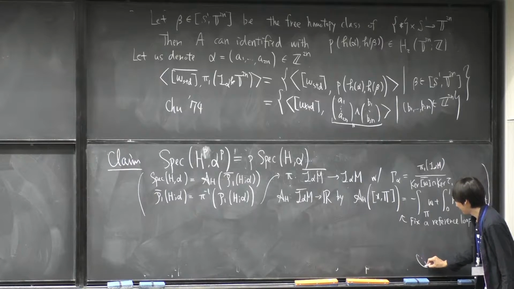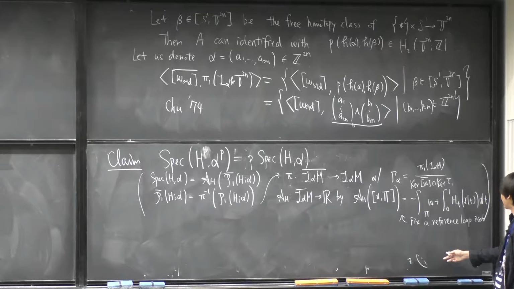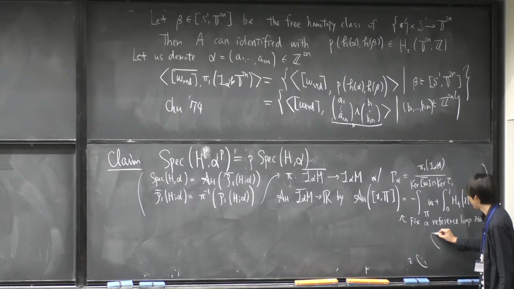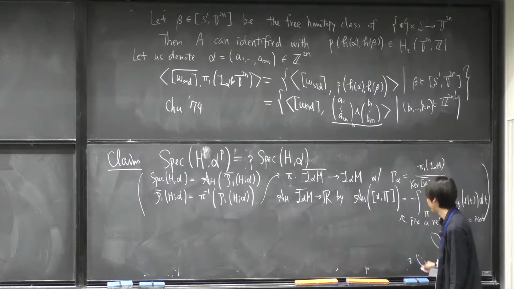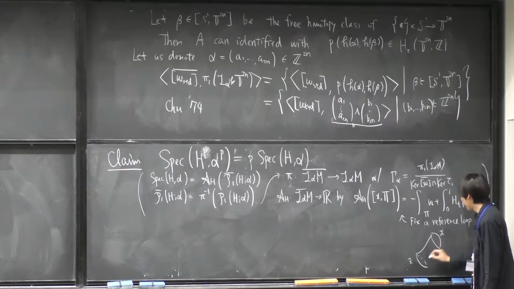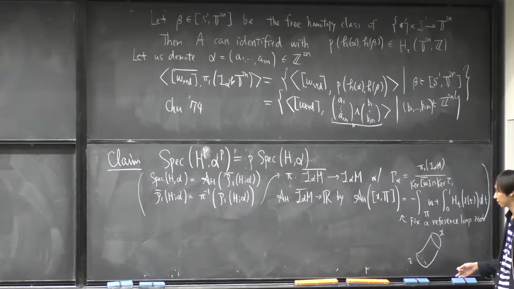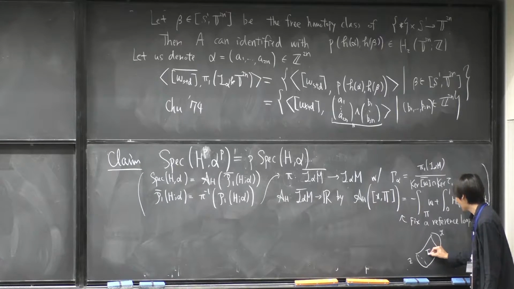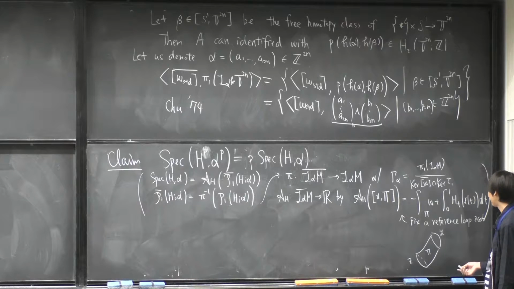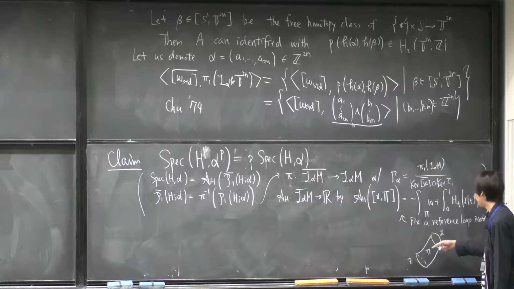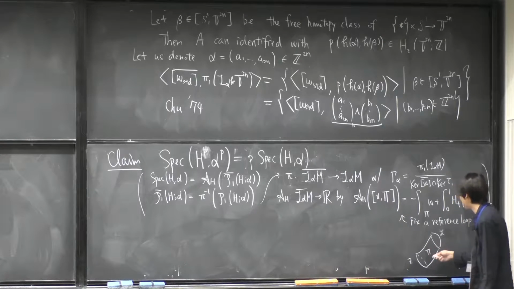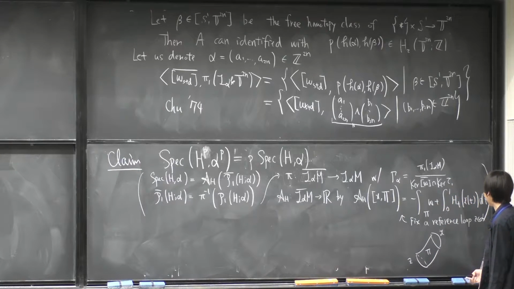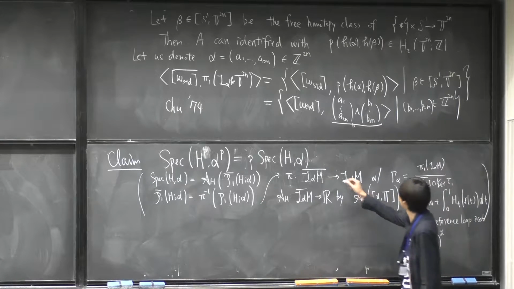Namely, if this is the reference loop Z, and if this is X in the same homotopy class, then we can connect these two orbits by pi, and we integrate over this pi omega.